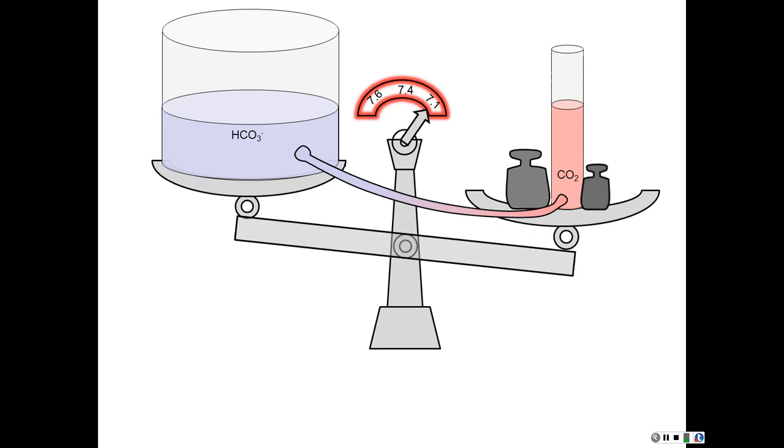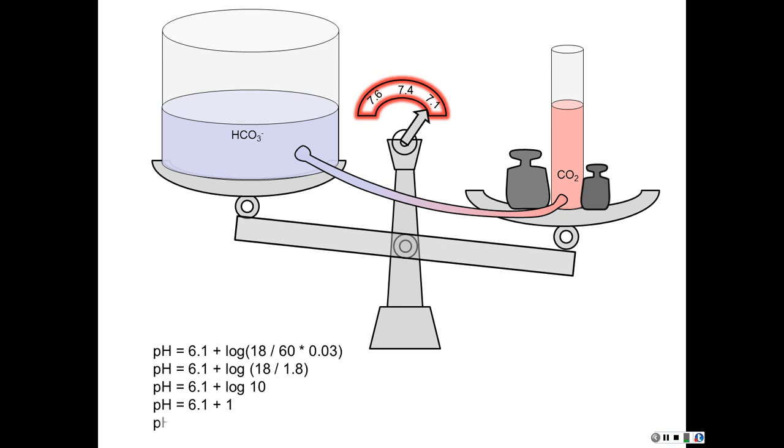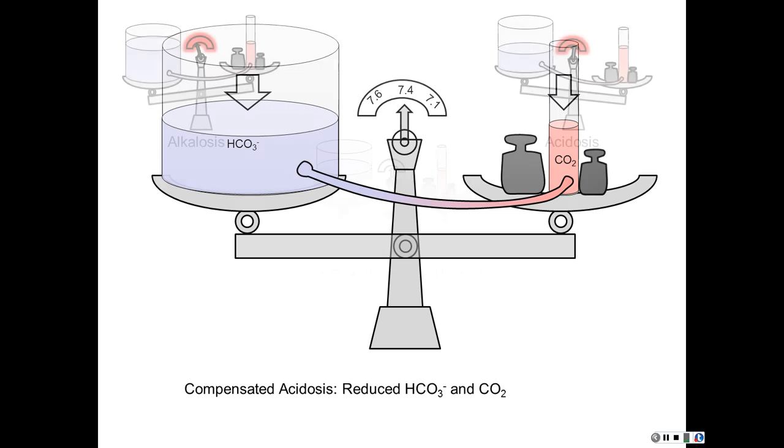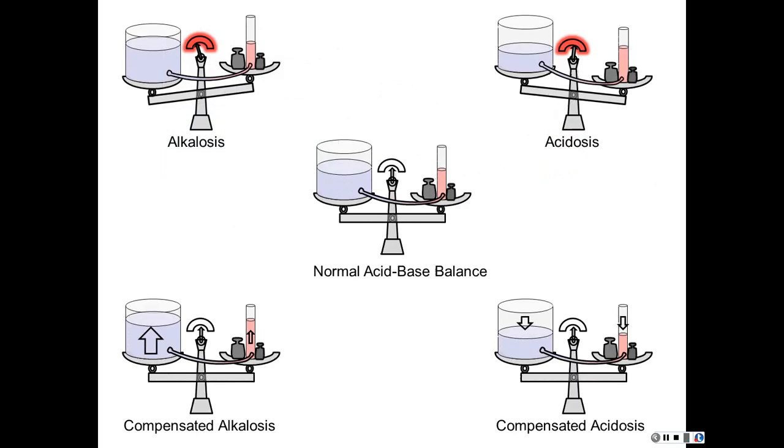So if you have extra CO2 in the system, then you can counterbalance it by the kidneys not excreting as much bicarb, holding on to a little bit more bicarb, and trying to rebalance things. So from the kidneys' perspective, that's mainly what they're trying to do.